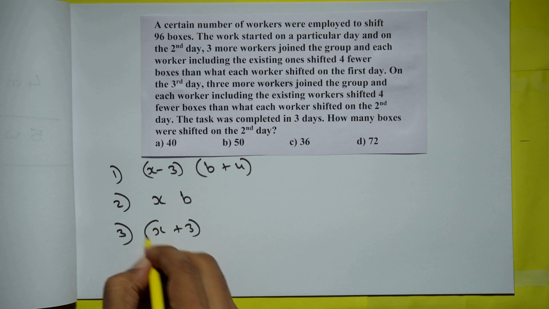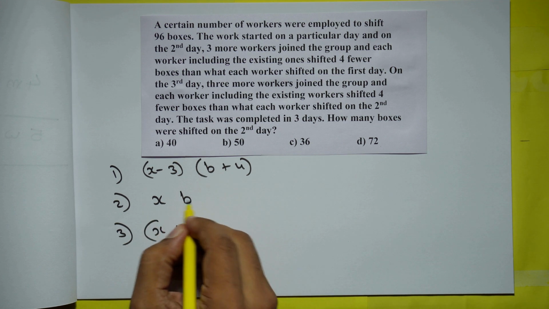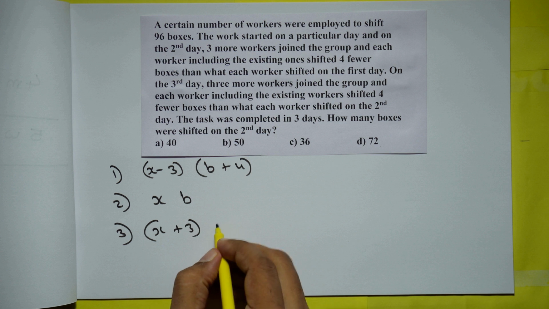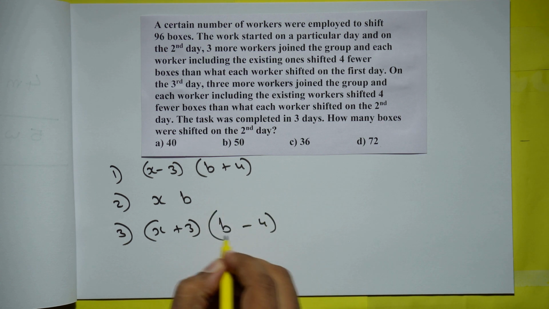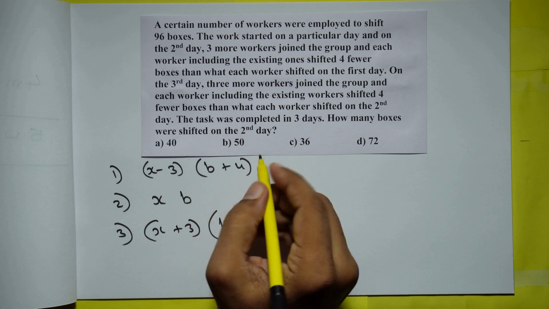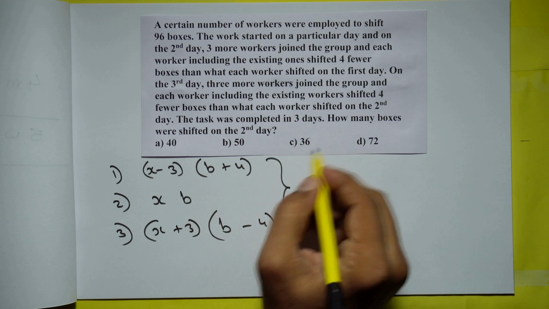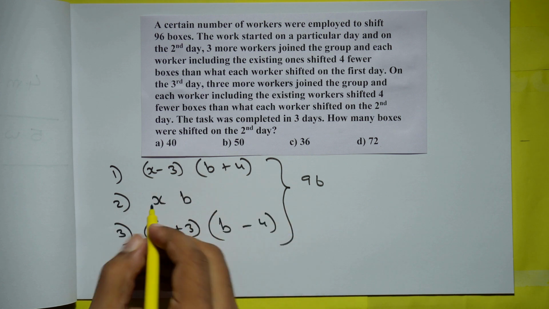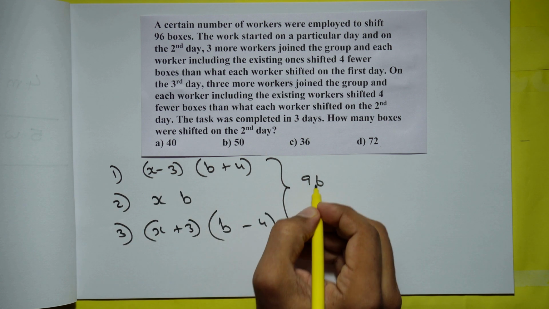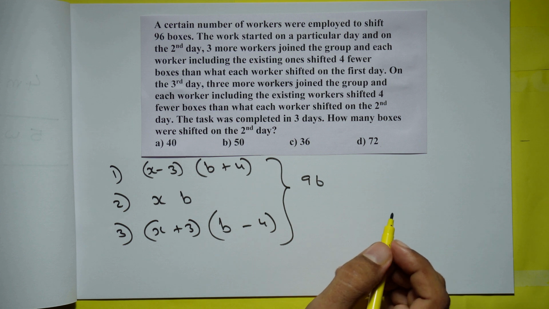And on the third day, another 3 more people were added. So X plus 3 people were there. And each shifted 4 boxes less. So the number of boxes that were shifted by each worker was B minus 4. And this total is given as 96. This is the number of boxes shifted on the first day, second day, and third day. Altogether, it should add up to 96.